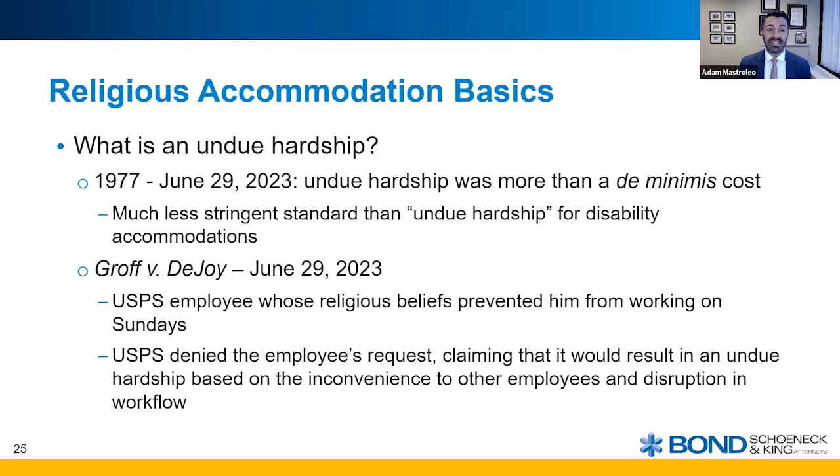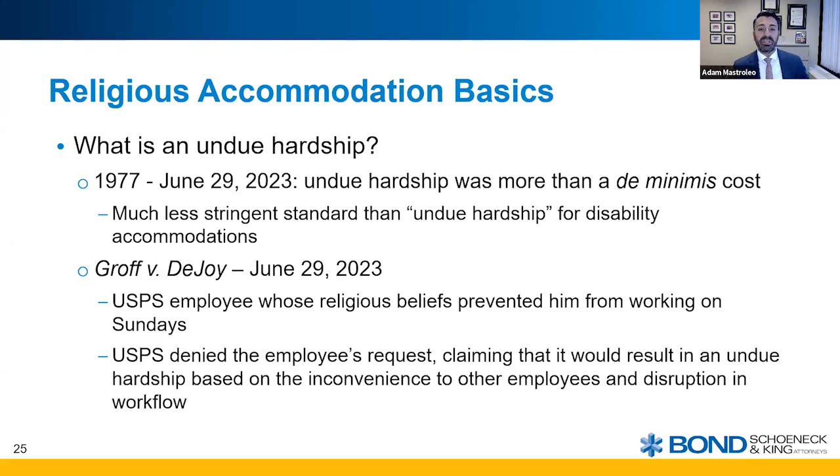From 1977 through June 29th of this year, undue hardship in the religious context was more than a, quote, de minimis cost. So there was a Supreme Court case in 1977 that said an employer faced with a religious accommodation request could deny that request and say that it caused an undue hardship so long as the burden was more than de minimis.